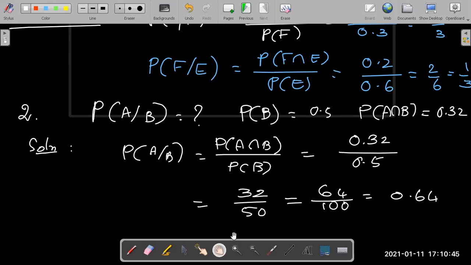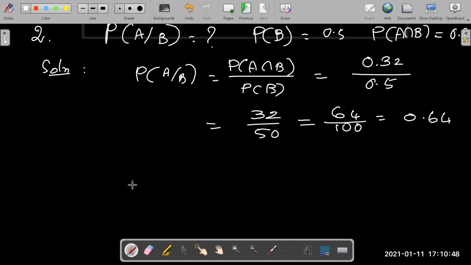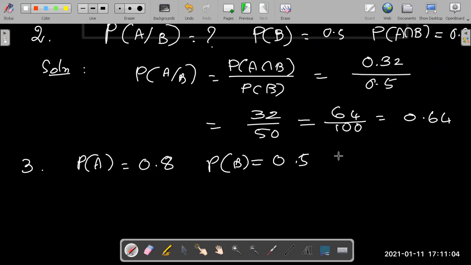So I have question number 3. Let me see whether you will help me with one part. Probability of A is given as 0.8, probability of B is given as 0.5, and probability of B given A equals 0.4.